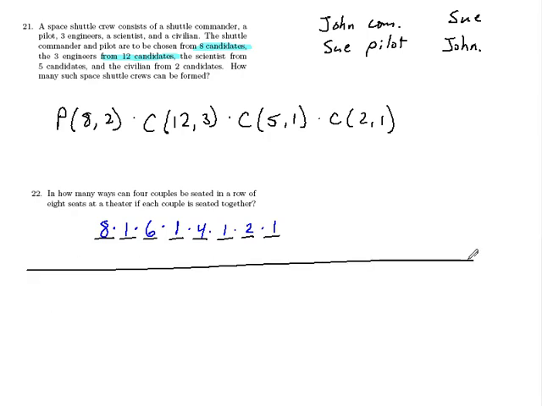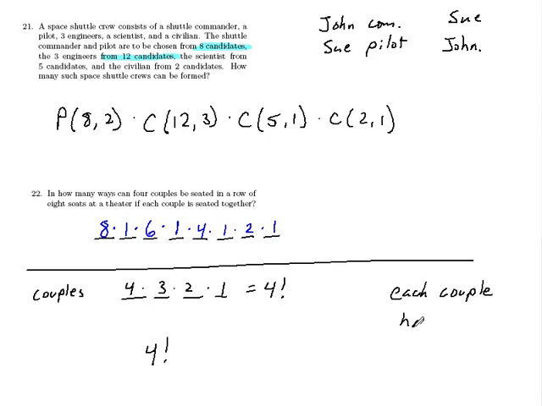Now we could have also looked at this and said, okay, let's think about the couples. We have 4 couples, so 4 times 3 times 2 times 1, or in other words, 4 factorial will organize the couples. So there's 4 factorial ways of moving the couples around. Now each couple has 2 ways to be seated, right?